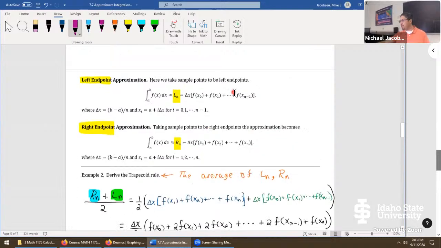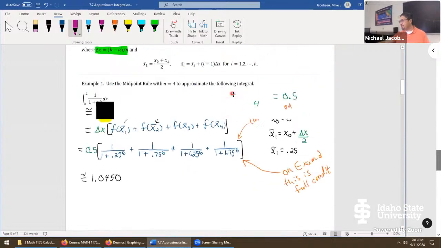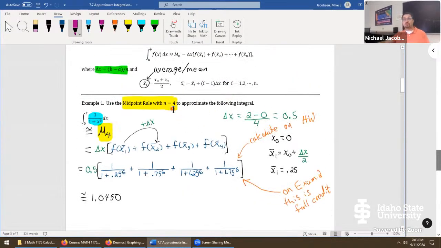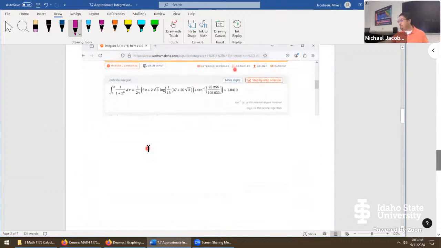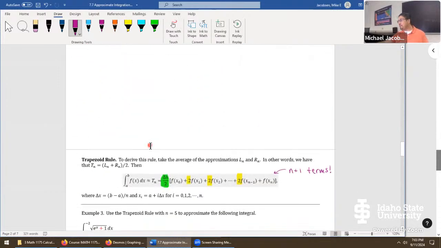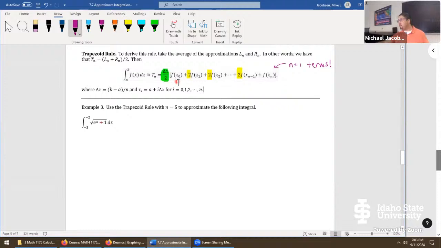Let's take a look. Here it is, the midpoint rule with 4 approximating rectangles, and sure enough, we wrote 4 terms. But starting with the trapezoid rule, that breaks down. Taking the far left endpoint and the far right endpoint gives you an additional term altogether. Aside from that, the rest of it's business as normal.